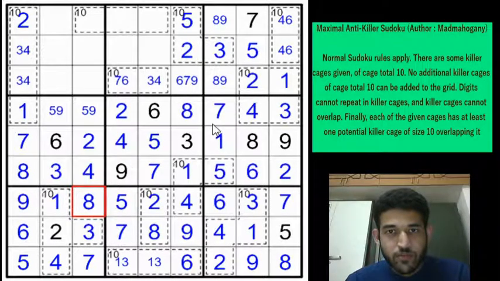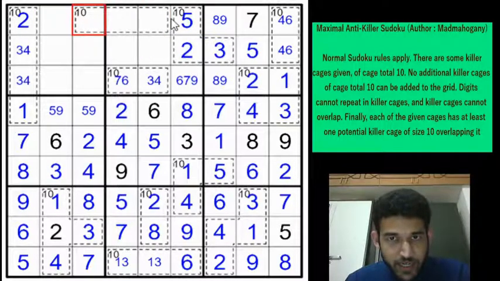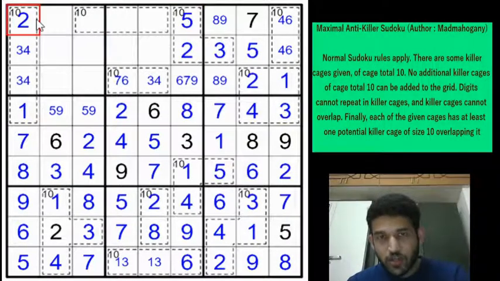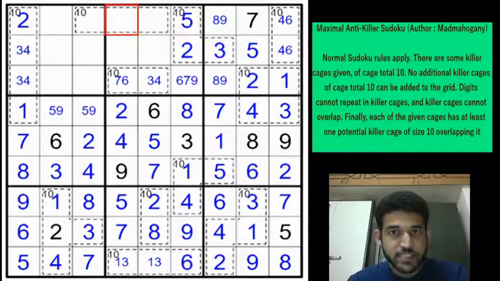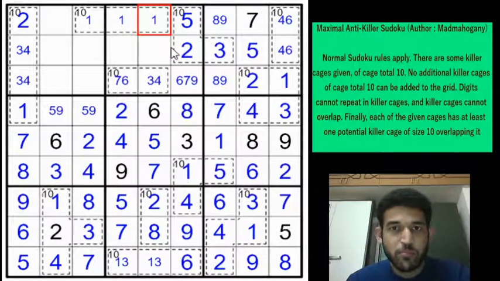Okay. Let's focus on this cage because we have not placed anything here. Now this cage cannot contain a 2 or a 5, right? So if it does not have a 2, immediately a 3 cell 10 cage needs to have a 1. Because if it has neither a 1 nor a 2, then the total will be more than 10. So a 1 must be here.